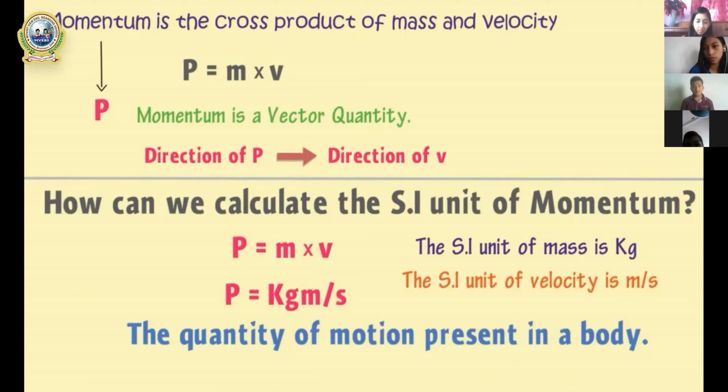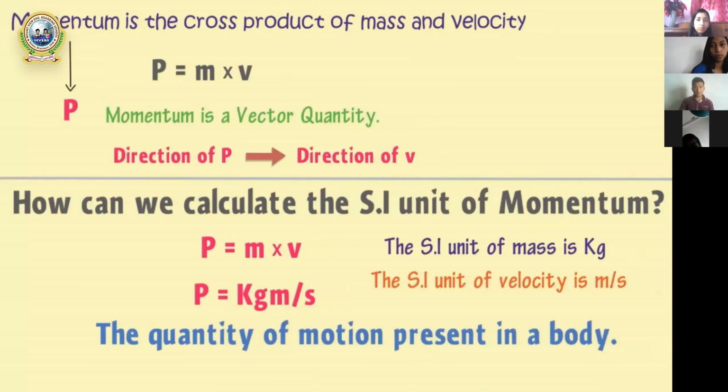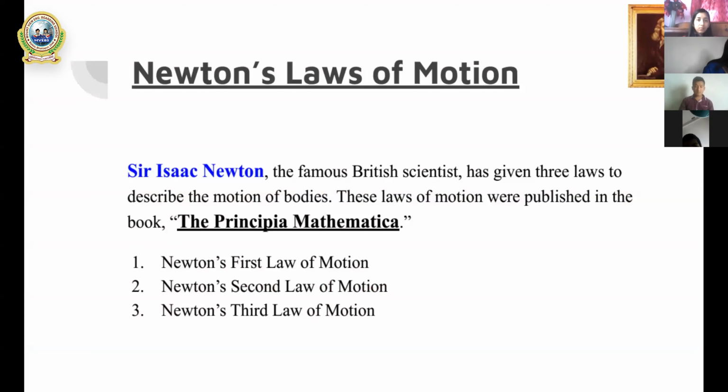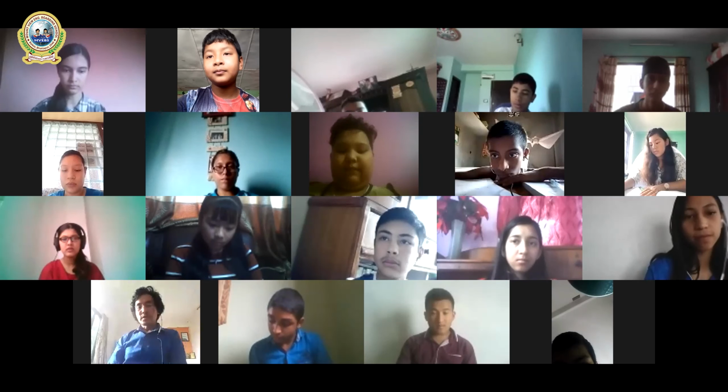In other words, the quantity of motion present in a body is called momentum. If the quantity of motion is more, it has more momentum. If it is less, it has less momentum. Now tomorrow we'll discuss Newton's laws of motion. For today, this much.